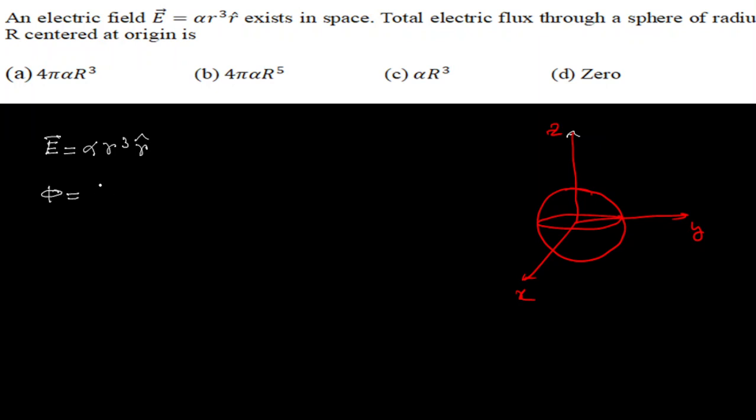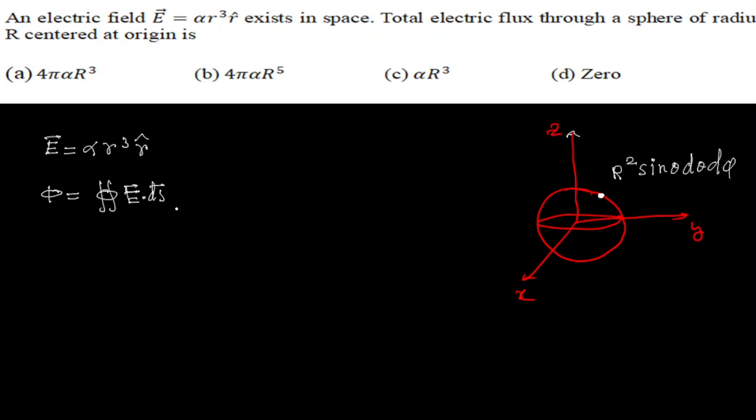Flux phi is equal to the integral of E dot ds over this closed surface. For that, first we have to consider an elementary area on the surface. It's a spherical surface. What will be the elementary area? The radius of the spherical surface is capital R, so it will be R square sine theta d theta d phi. This will be the elementary area.